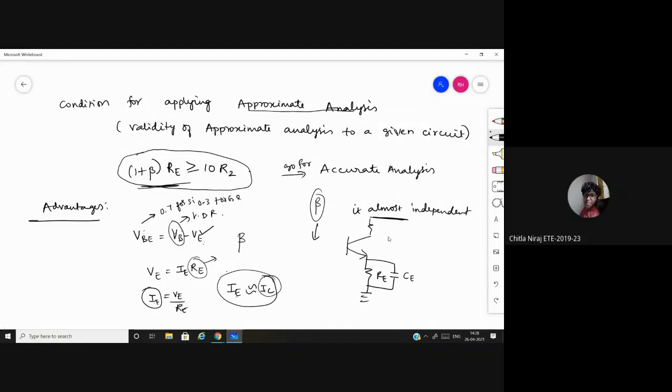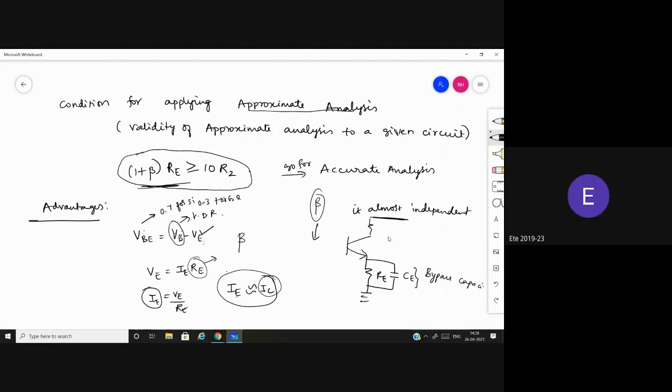Bypass capacitance. This is the bypass capacitance. Okay, so this bypass capacitance is used for some particular reason. May I know what is that reason? Anyone? To filter out the AC components.